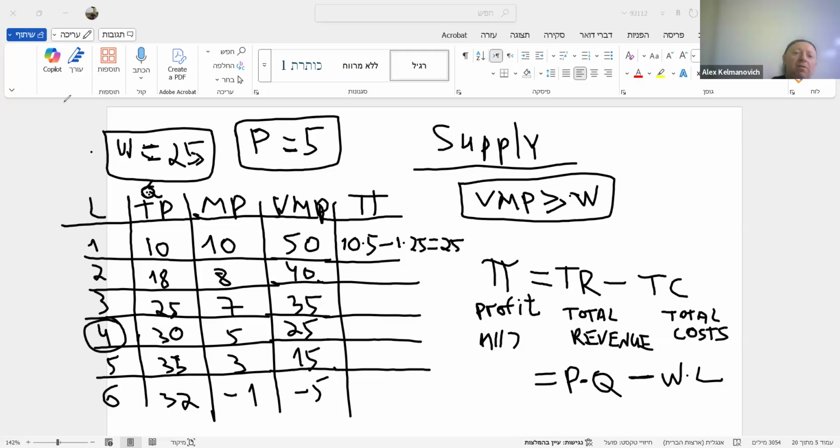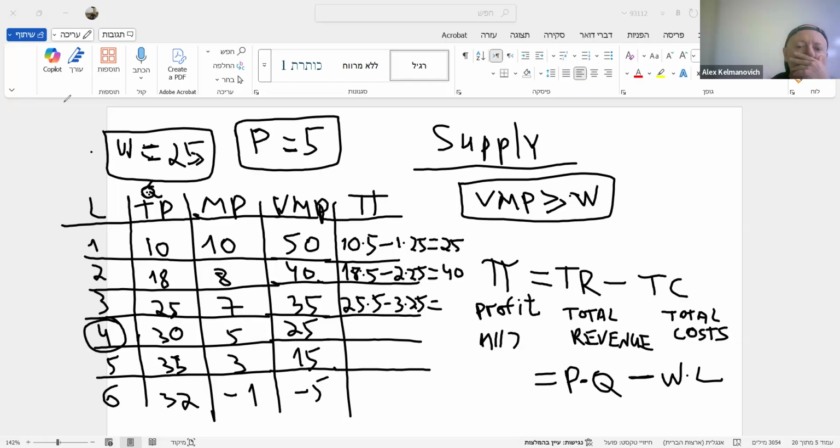If I take 2 labors, I get 18 donuts times 5 shekels minus 2 labors of 25. And it will be 40 shekels. If I take 3 labors, I get 25 donuts times 5 minus 3 times 25.